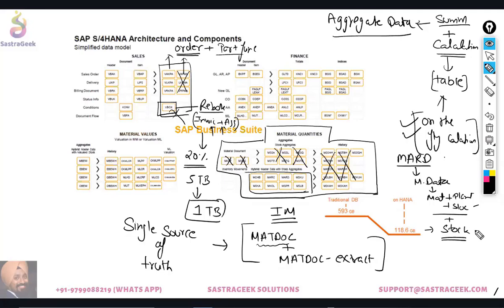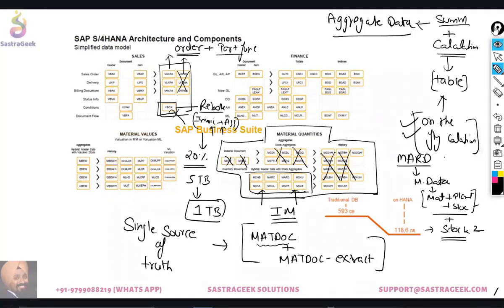So stock is your transactional data and this is your master data. So SAP is also simplifying data models. They are separating master data tables from the transaction data. So these tables have not been removed but modified to only store your master data but not the stocks. So the MARD table no more has your stock information.